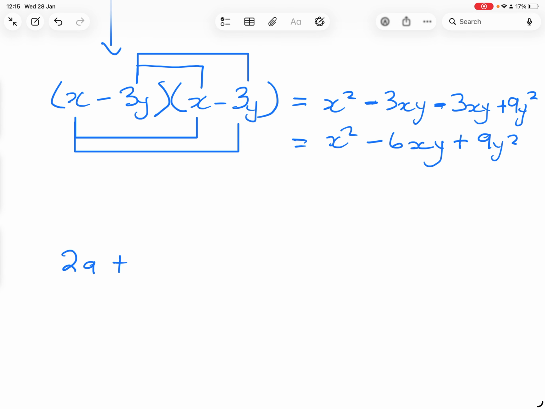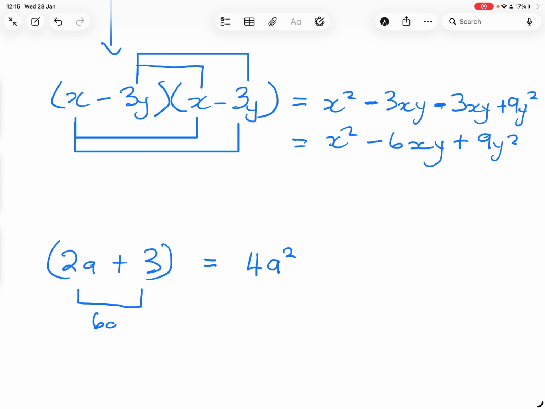All right, now let me see you try one out that you're going to do on your own. So what if we've got 2a plus 3 all squared? I want you to try it out and tell me what the answer is before you look at my answer. So that's going to give us 4a squared. Remember, we said first term squared. So 2 squared is 4 and a squared is a squared. And then for the middle term, we're going to take 2a multiplied by 3.